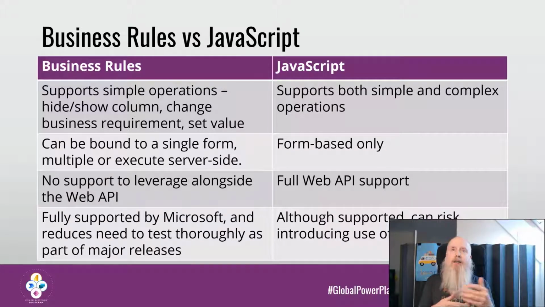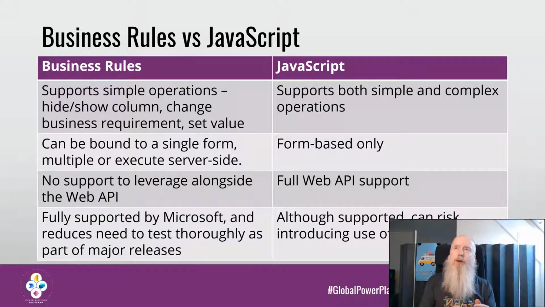Okay, so JavaScript, I've done a lot of JavaScript in my time. It is supported and there is a proper model for it, but there is a danger that you could do something that could cause you problems. Business rules, however, are for simple operations. They can do two types of operation. There's the operation within the form itself, and I'm talking about model-driven app forms here.